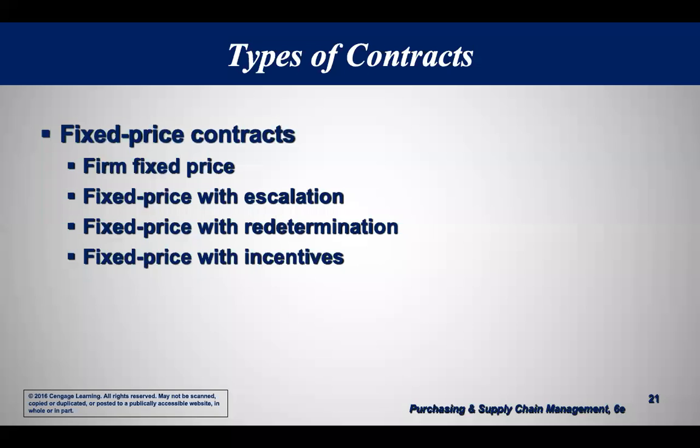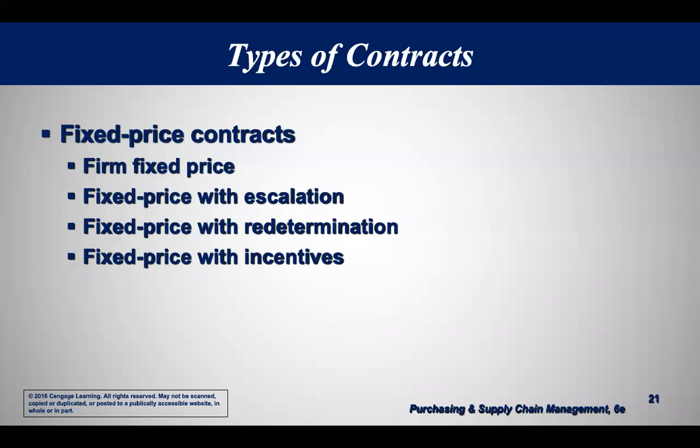So let's go through them a little bit. There are a lot of variations here, and don't worry about trying to remember them all. So the contract that we all know is a firm fixed price. You're buying a desk for $500 next week, period, done, fixed price.